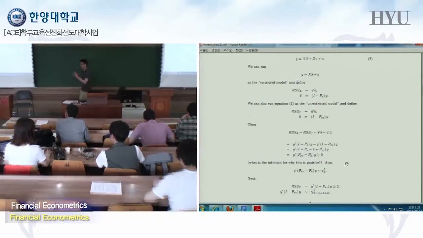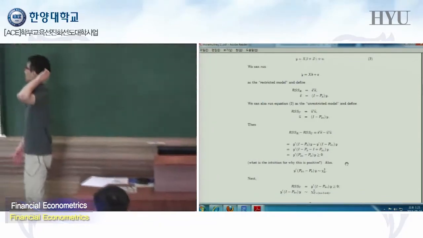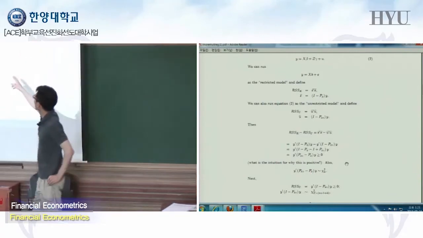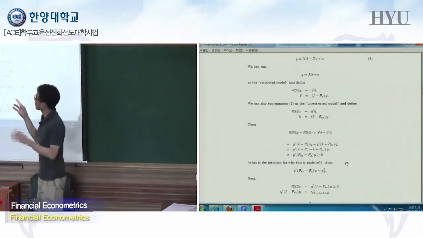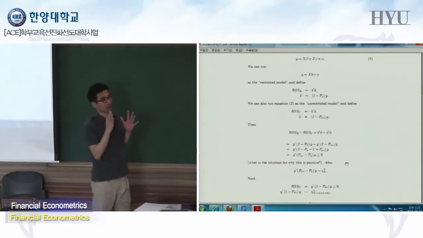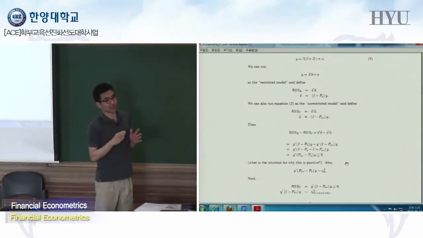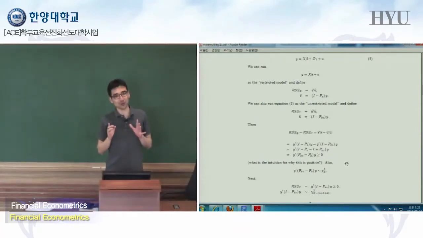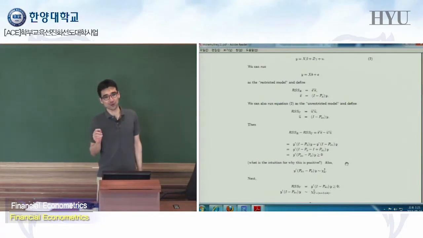I explained it geometrically, but even arithmetically it is very straightforward. E hat is the regression residual, in which we consider only X. And u hat is the regression error, in which we consider both X and Z. So we have more variables to calculate u hat, therefore u hat should always be smaller.